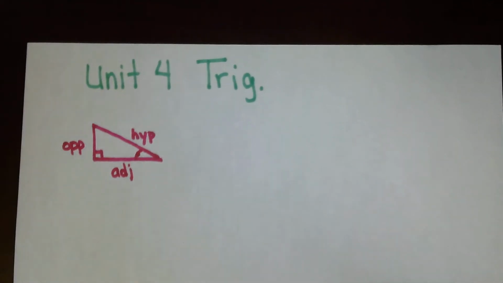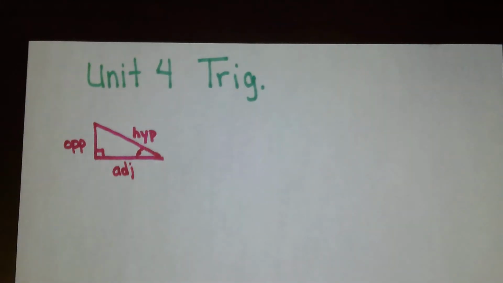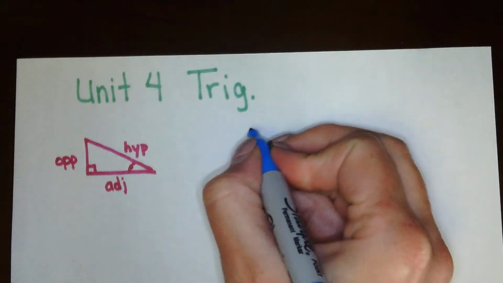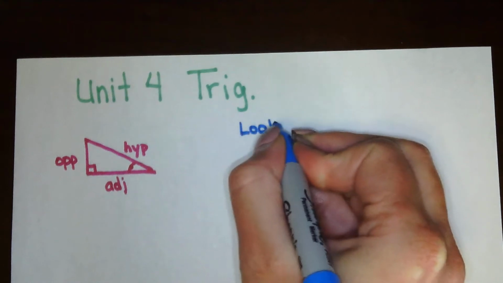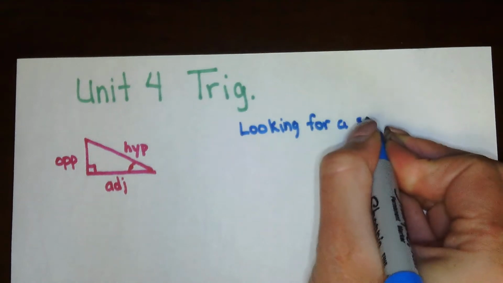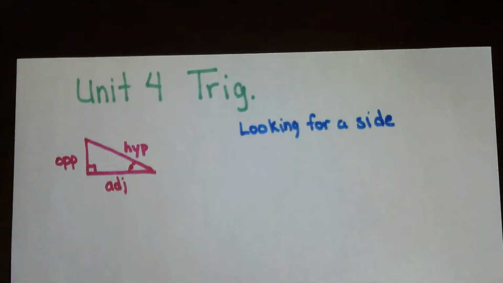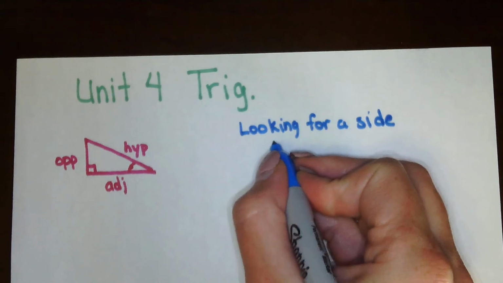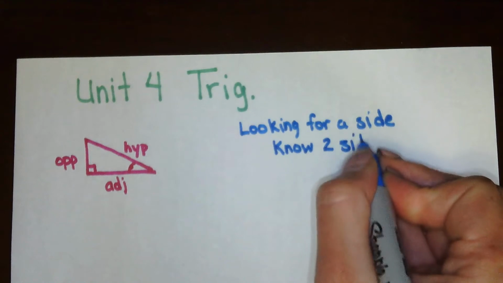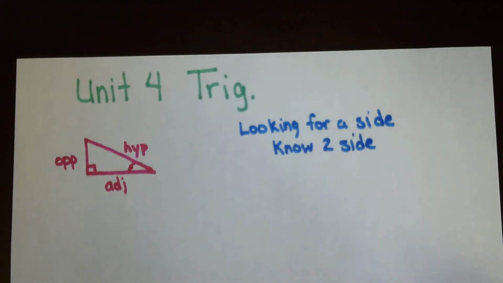All right, so if I'm using Pythagoras' theorem, so no angles involved, I'm not looking for an angle, I'm just looking for a side, okay? So I'm just going to make a quick note. You might want to write some of this stuff down. So if I'm looking for a side, and I know two sides already, then I'm just going to use Pythagoras' theorem.